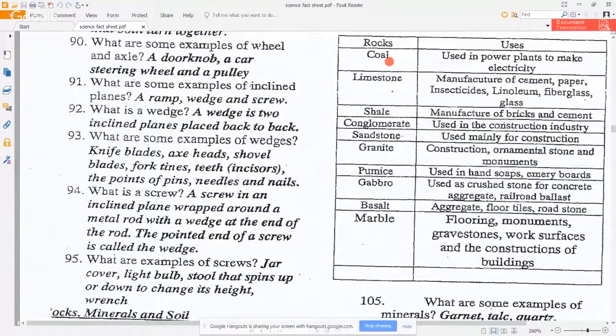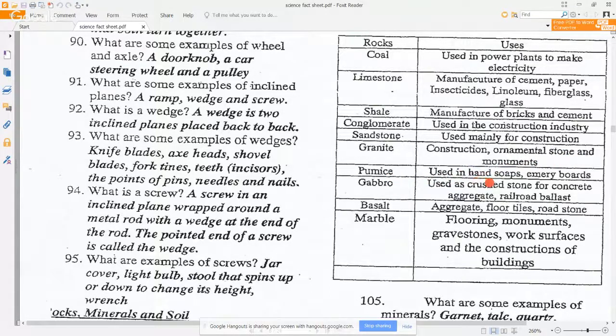Coal, not charcoal now, the rock coal. Coal is used in power plants to make electricity. Limestone, manufacture of cement, paper, insecticides, linoleum, fiberglass, and glass. Shale, the manufacture of bricks and cement. Conglomerate used in the construction industry. Sandstone used mainly for construction. Granite used in construction for ornamental stones and monuments.